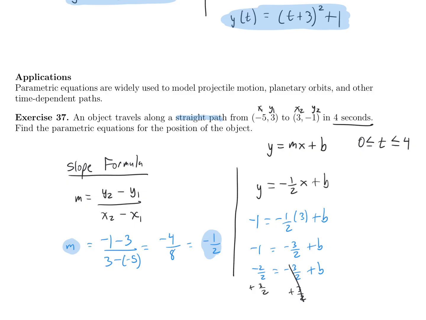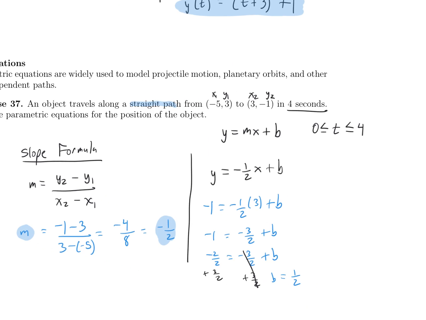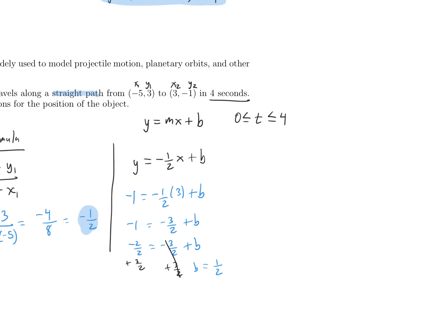And when you do that, that's going to give you b equals +1/2. Okay. Now that you have the y-intercept, now we can write our equation as y equals -1/2 x plus 1/2.